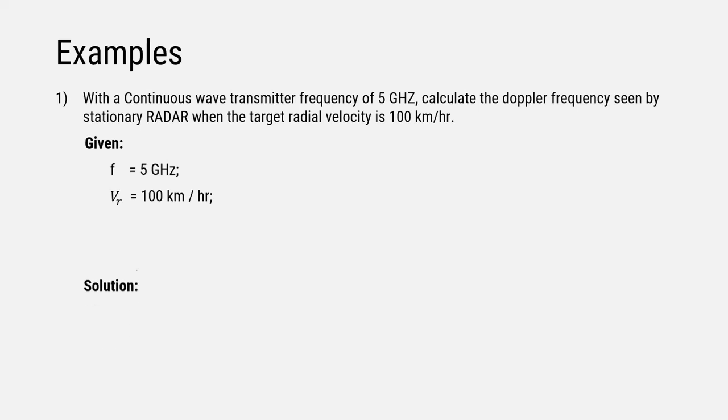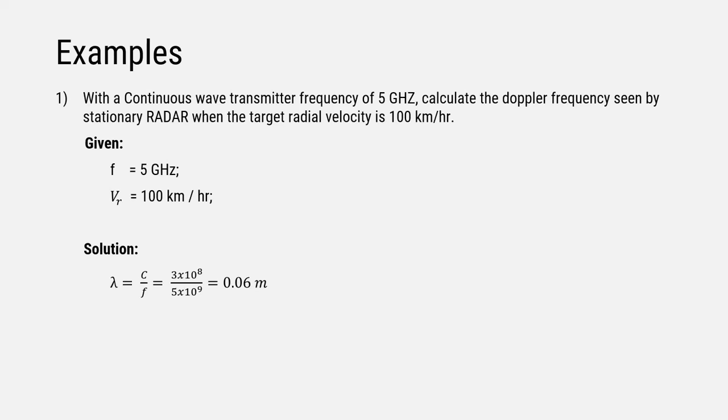In this case, our solution would be, first we need to identify lambda, which means the wavelength of the given frequency. Lambda is going to be c by f, where c is the speed of light and f is the frequency given by the transmitter. So the wavelength is 0.06 meter.